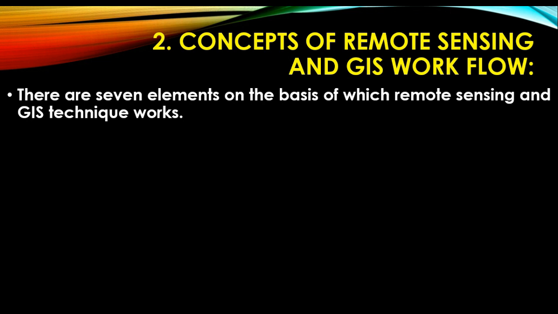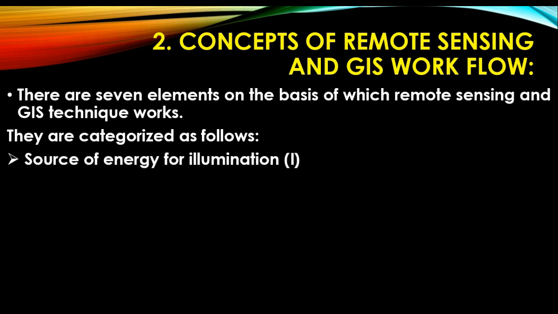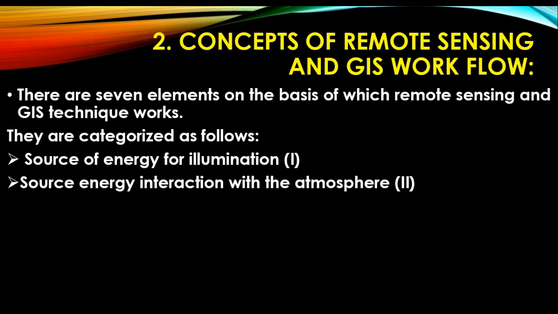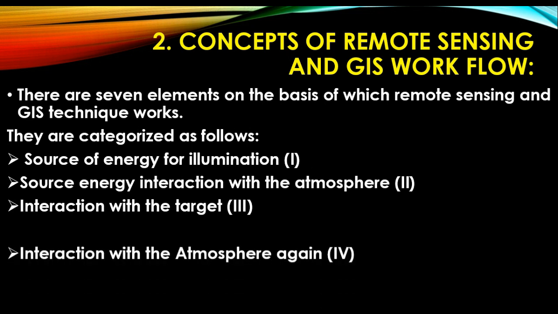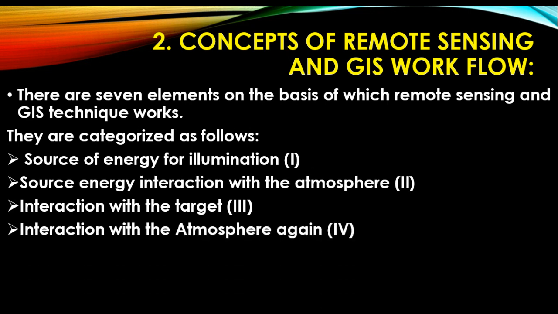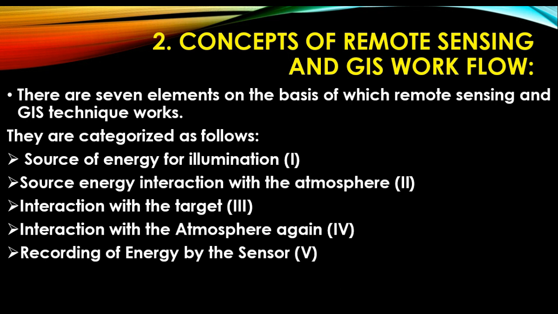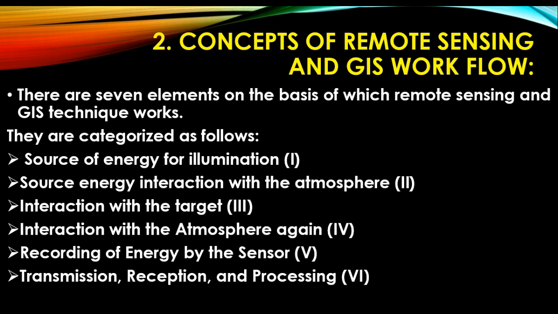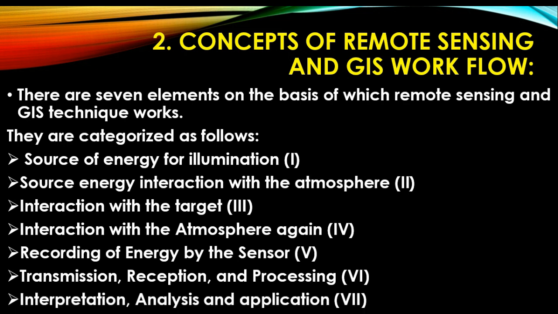They are categorized as follows: source of energy for illumination, energy interaction with the atmosphere, interaction with the target, interaction with the atmosphere again, recording of energy by sensor, transmission, reception and processing, and interpretation, analysis and application.